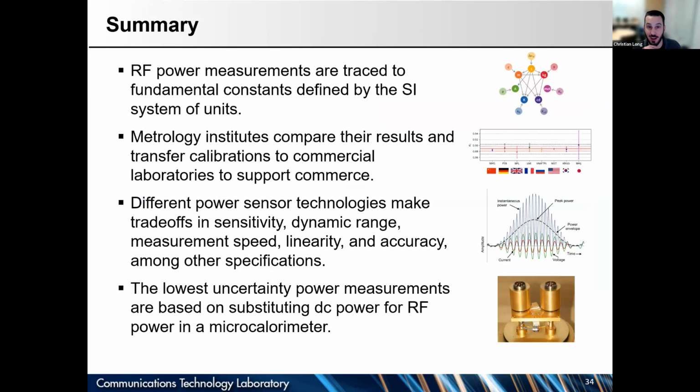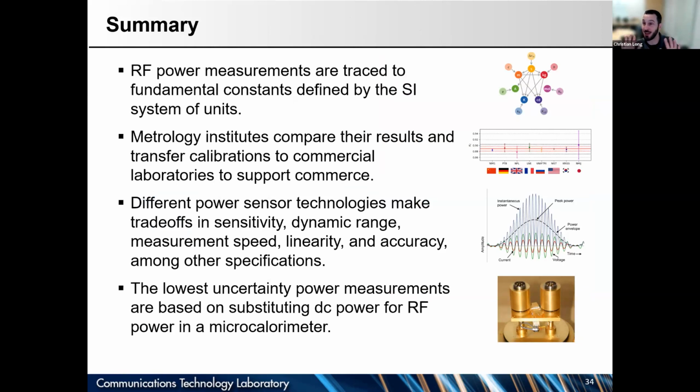So with that, I'll summarize. RF power measurements are traced to the fundamental constants that are defined in the SI system of units. Measurements of power sensors get validated by comparing results from metrology labs around the world. There's a number of different power sensors. I talked about 3 of them.